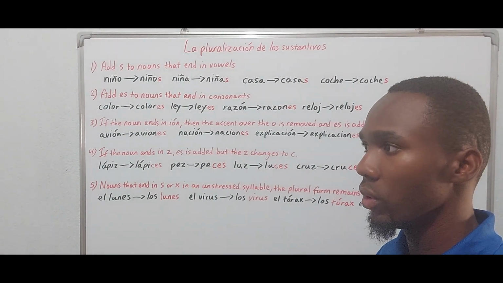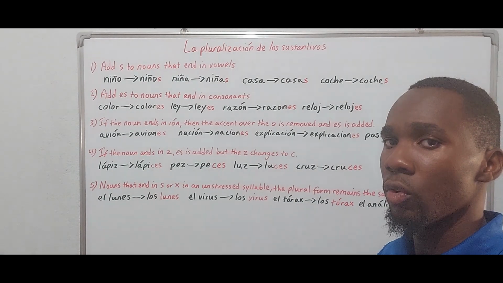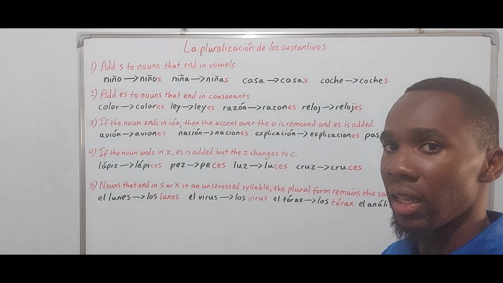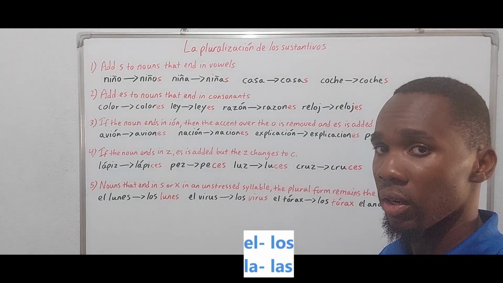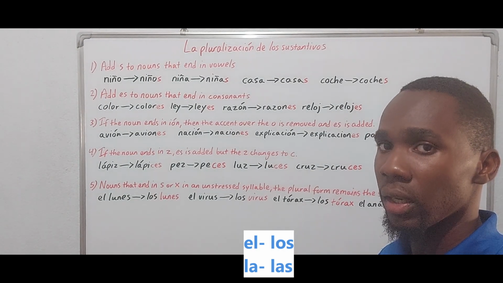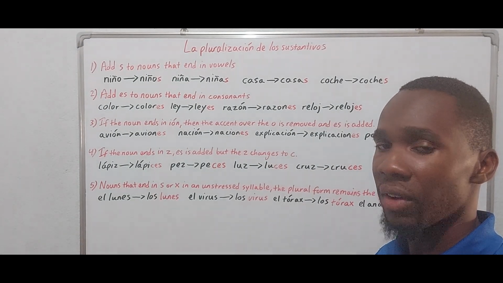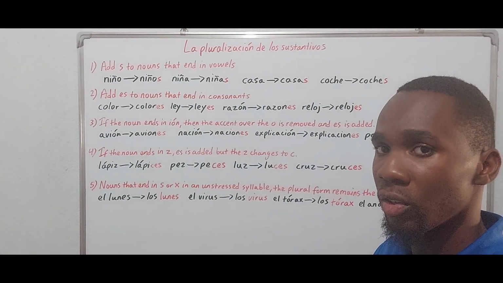But just to review a bit, you know that the definite articles are el and la. The plural counterparts: el becomes los, la becomes las. With adjectives, if it ends in o, it usually refers to the singular masculine.